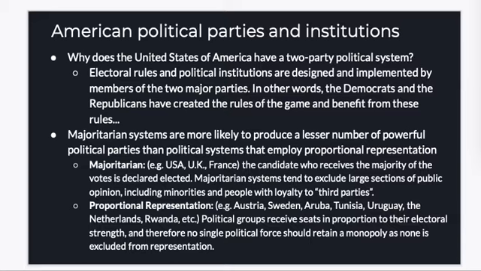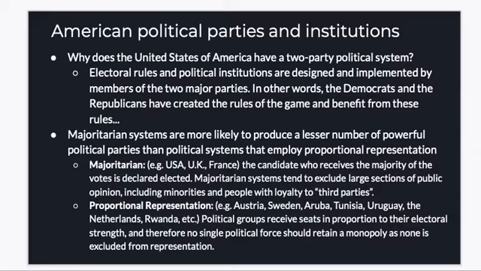So in a PR system, instead of having one winner and one loser based on the person who wins the majority of the votes, you instead have representatives from different parties who split the vote share and are allotted a certain number of seats based on the percentage of the vote that they won.